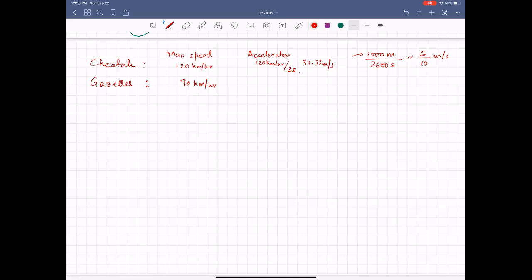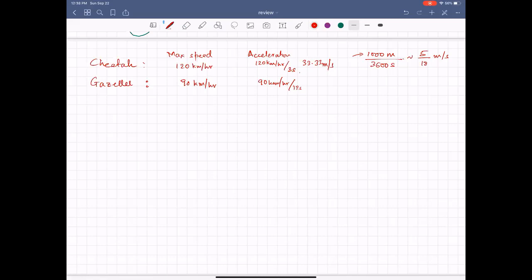Then the Thomson's gazelle accelerates from 90 kilometers per hour in 18 seconds, so that is 25 meters per second.